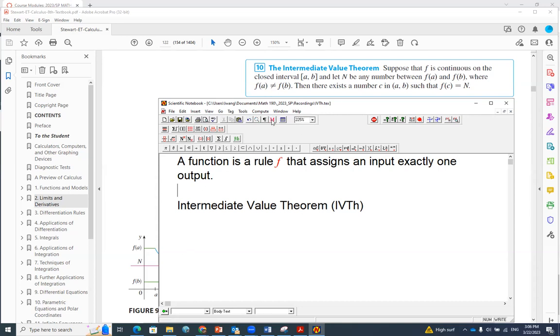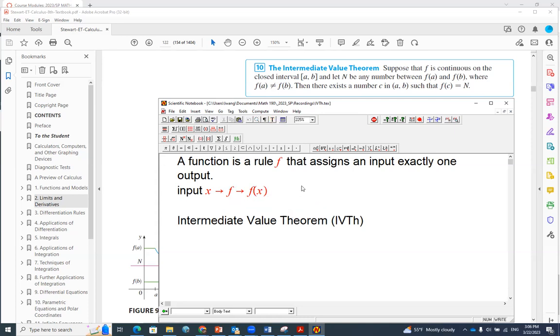The input is one category of data, and the output is another category of data. So input x, after the function is applied, produces an output.